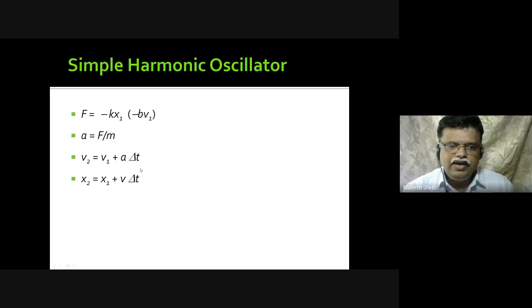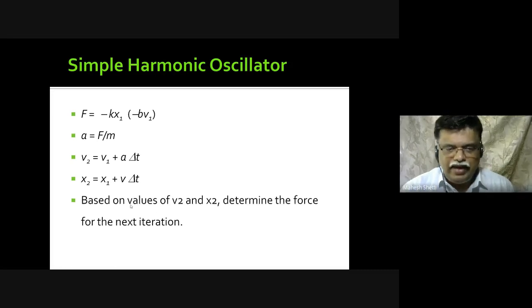Now here we can realize that though the expression says that this will go on increasing, it is not necessary, because the value of a can be positive or negative. So depending on that, the velocity value or v2 value can increase or decrease, and based on the values of v2 and x2, you will determine the force for the next iteration.